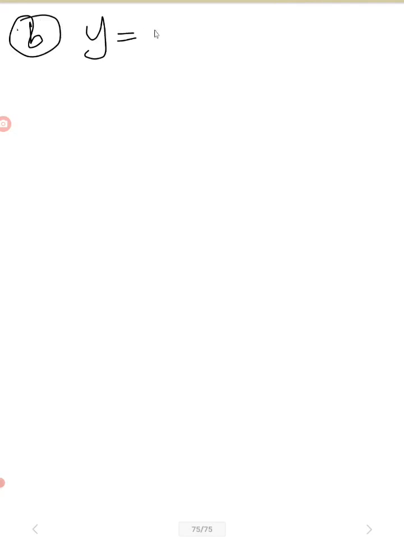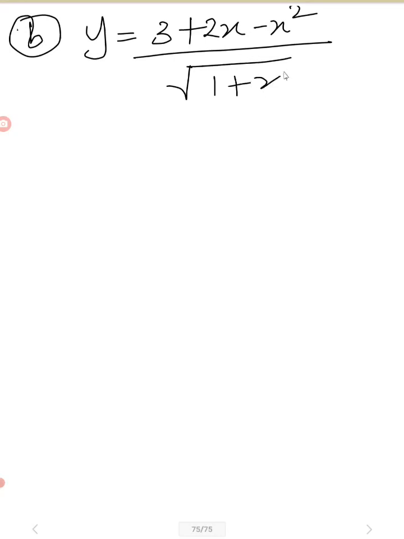Let's solve the second example. We are starting one by one, so you're able to get it better. The second example, the B part. So if y is equal to 3 plus 2x minus s squared all over root 1 plus x. So we have to solve it one by one.